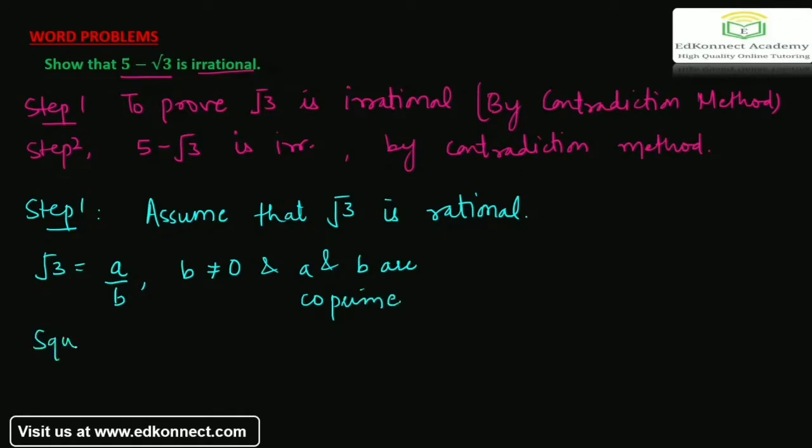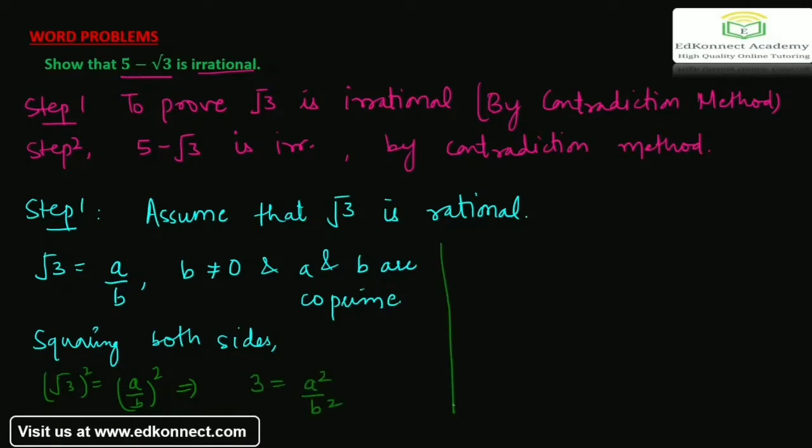Squaring both sides, we get root 3 square is equal to a by b square. This implies 3 is equal to a square upon b square. From here, a square is equal to 3b square.